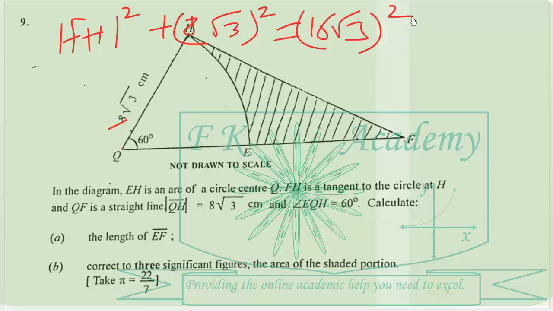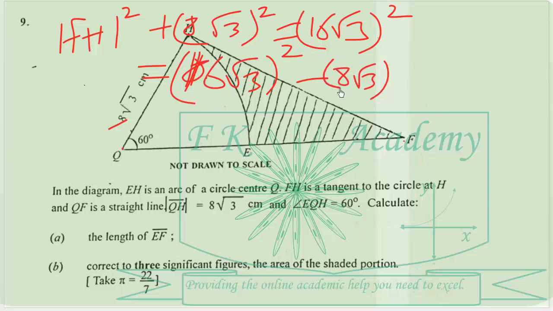And this will simplify to, when we simplify that, we will obtain FH squared equals 16 root 3 all squared minus 8 root 3 all squared.